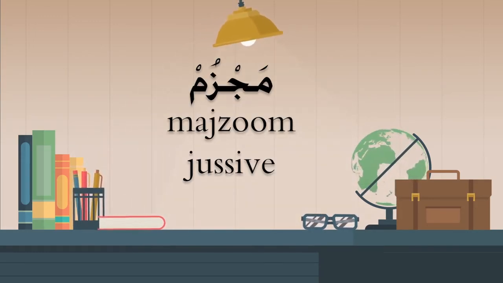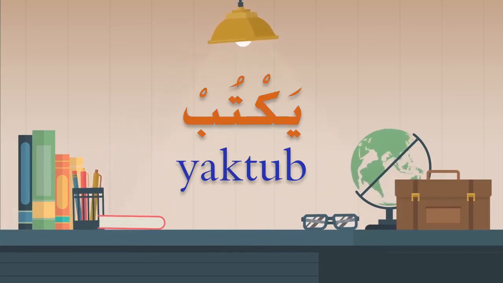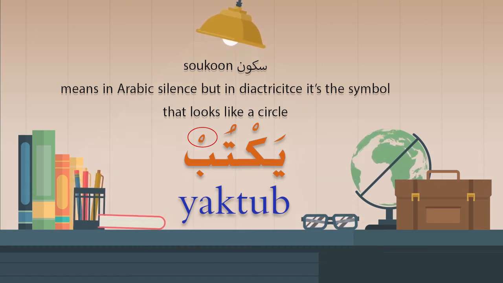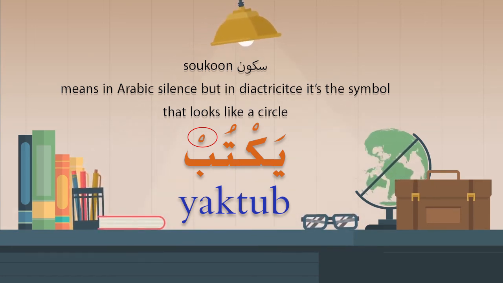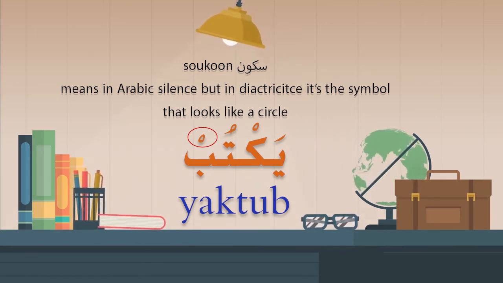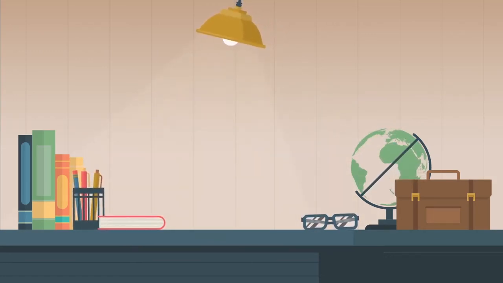In jussive case, we don't have an ending sound, just sukoon. Sukoon is this symbol, which means silence. In spoken dialects and informal Arabic, the final vowels of the indicative u and subjunctive a are not pronounced. This makes them identical to jussive case with no sound at the end of it.